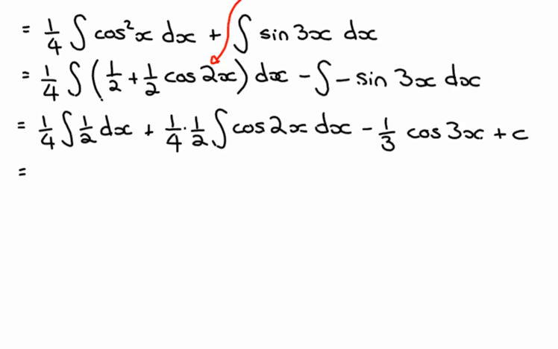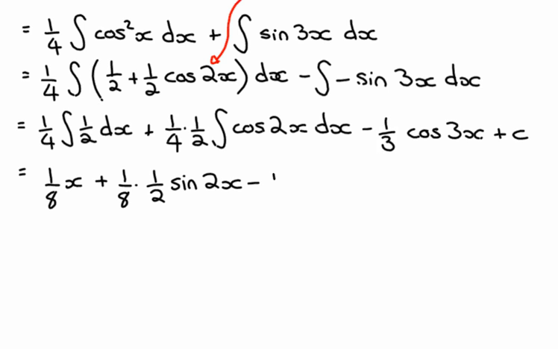So I've got a quarter, and the integral of a half dx is a half x. So a quarter times a half x gives me an eighth x. Go straight there. Plus a quarter times a half there gives me an eighth. And then the integral of cos 2x is a half sine 2x.